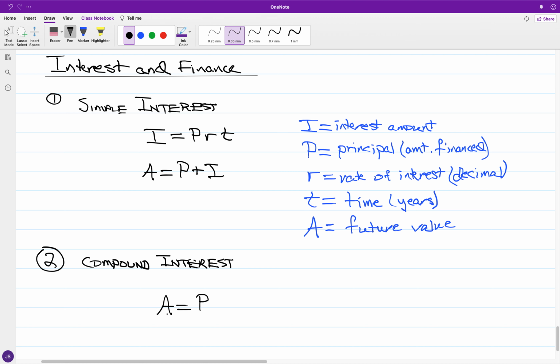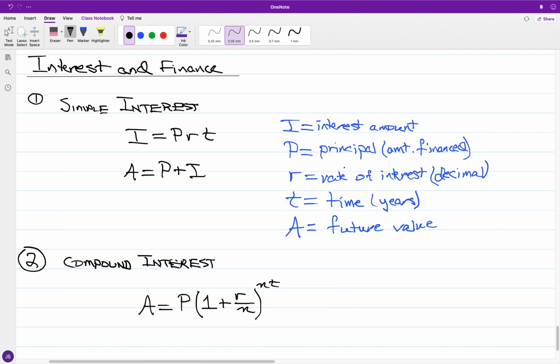So you still have A, future value, P, what is financed, times the quantity of 1 plus R, the rate of interest, over N, raised to the N times T. Everything else is the same with A, P, R, and T. Now N is going to be referred to as the compounding frequency.